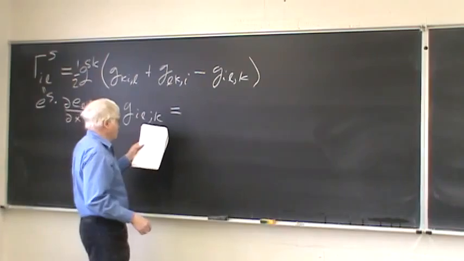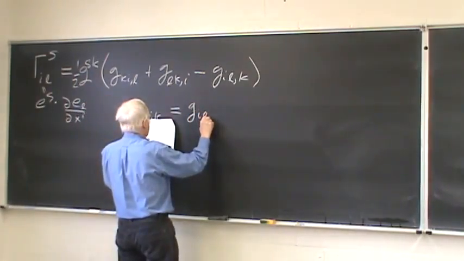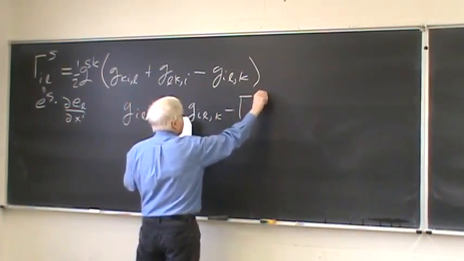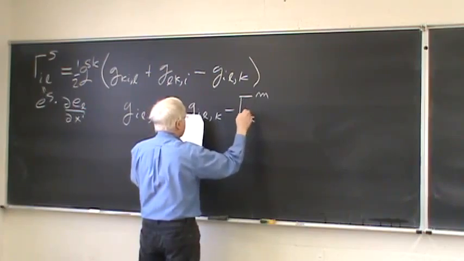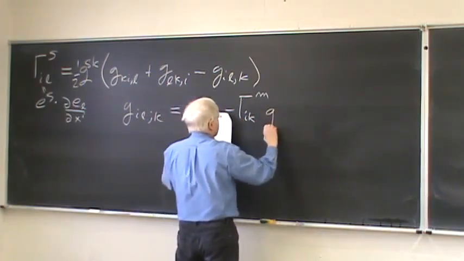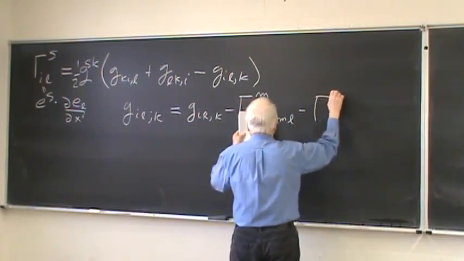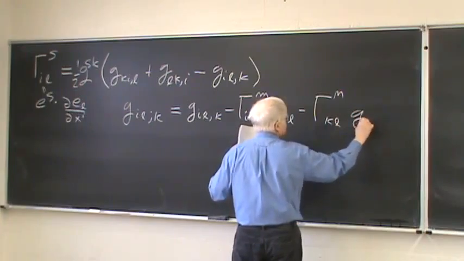Let me give you the answer, and then I'll give you a derivation. So this is g_{il,k} minus gamma^m_{ik} g_{ml} minus gamma^n_{kl} g_{in}.